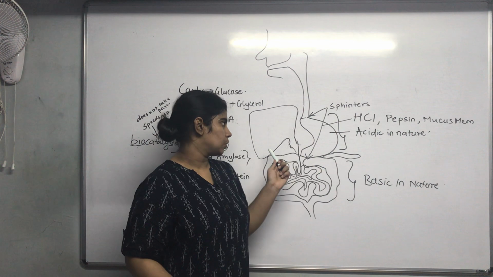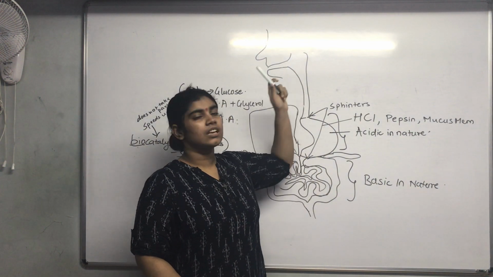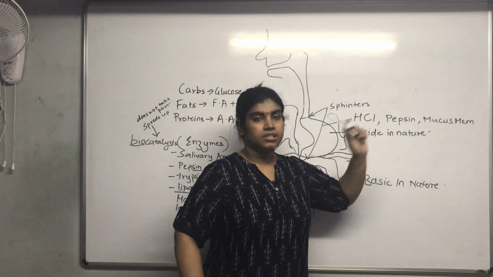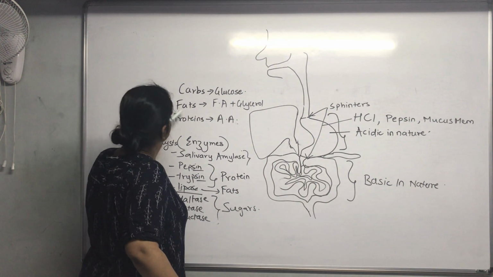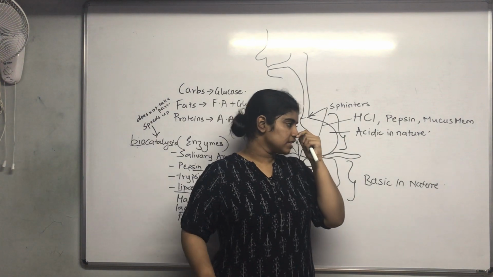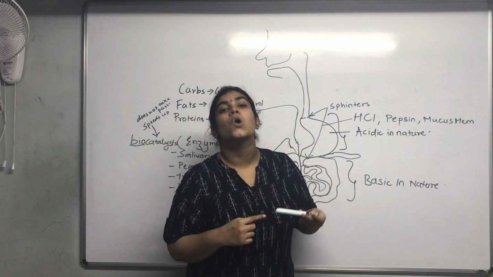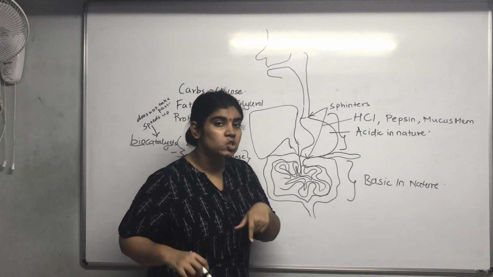Okay, see, in salivary amylase sugar was digested, and your proteins were digested. So if carbs and sugars and proteins were digested, what is remaining is fats. So this liver produces bile salts. Now again, these are not enzymes, these are salts.